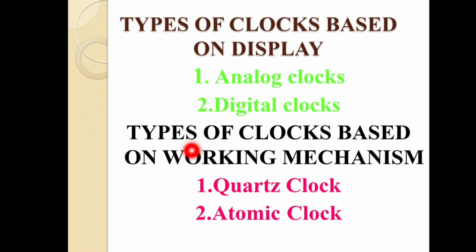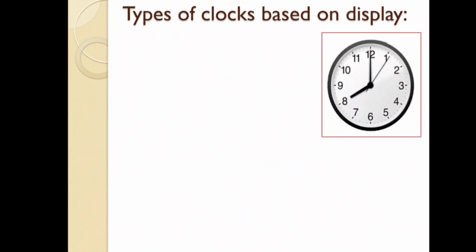It is classified into two types. The first one is quartz clock and the second one is atomic clock.